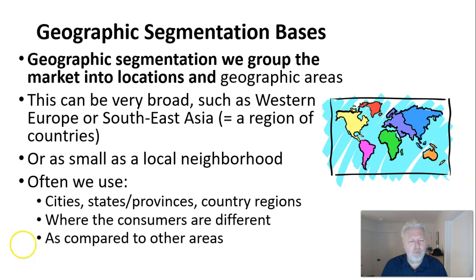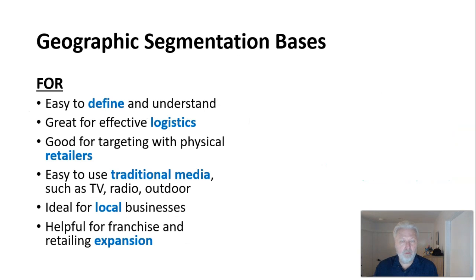What we're trying to do, as it says, is look for where consumers are different. Typically, we're looking for a region or a city where consumers in that area have something in common that is distinct from other areas.